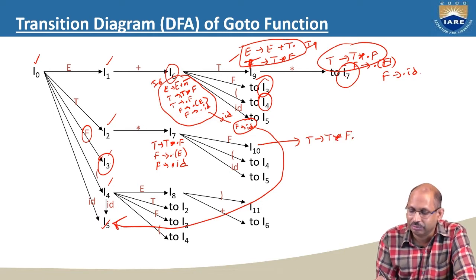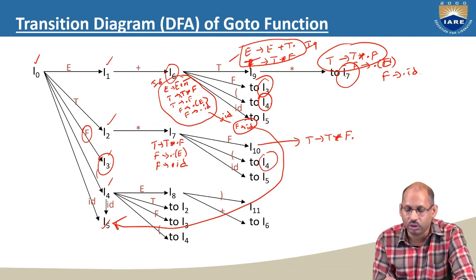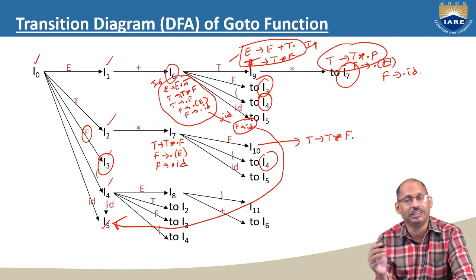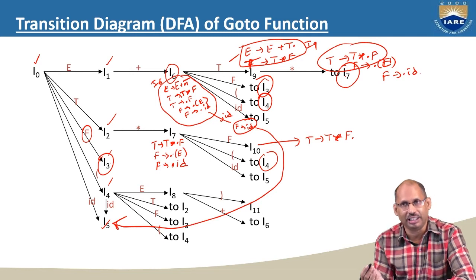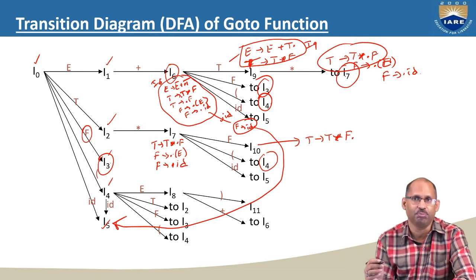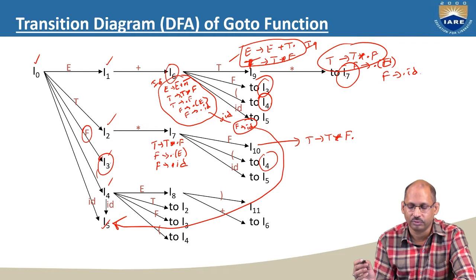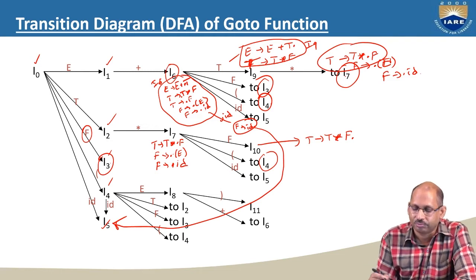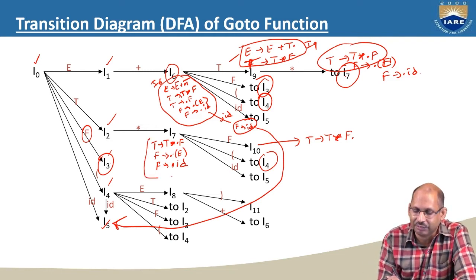On left parenthesis, it gives the same set I4, because dot E will result in left parenthesis dot E. So add E productions, dot T, add T productions, dot F, add F productions. It will be continued. Right? Then this is I7.